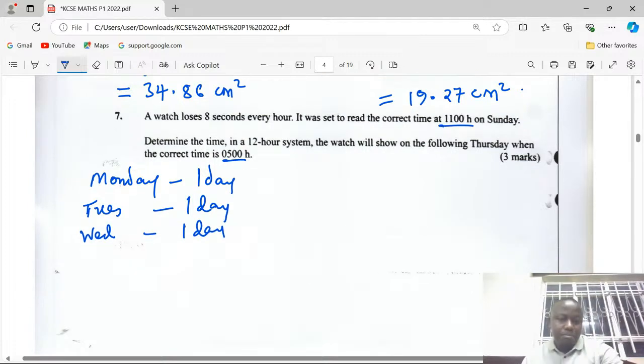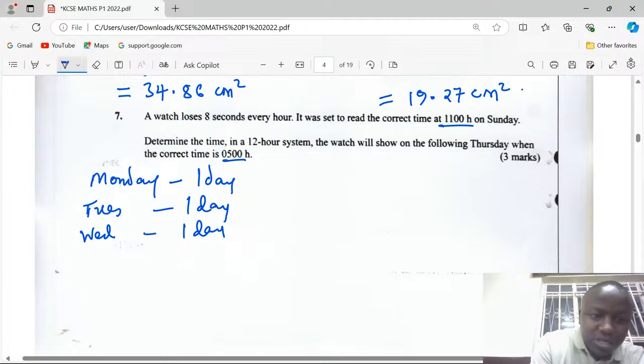Then from the end of Wednesday, there are 5 hours until we have 05:00 hours of Thursday. So on Thursday, we are just talking of 5 hours.